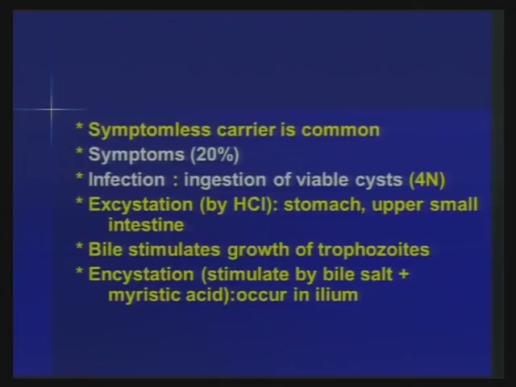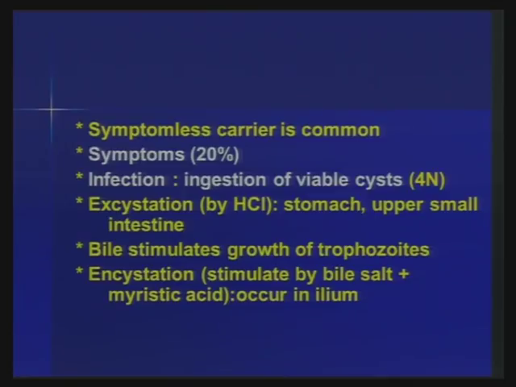And symptoms again for protozoa, you know that not 100% cause symptoms, it's only 20% that cause symptoms. Most of them are carriers. And with ingestion of the cyst, the infective stage is the 4-nuclei cyst here, and excystation occurs in the stomach. And they need bile to stimulate their growth.